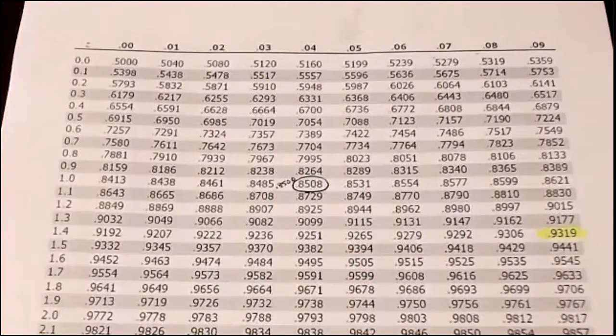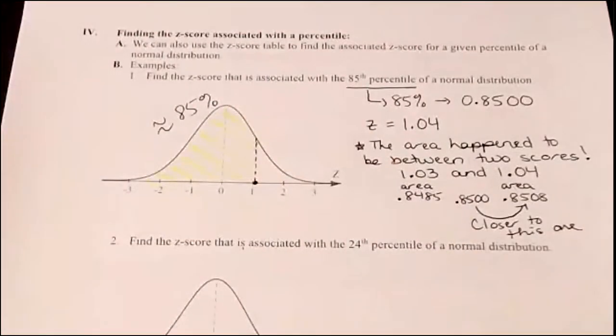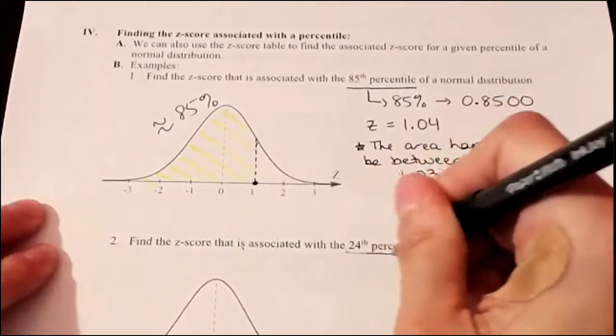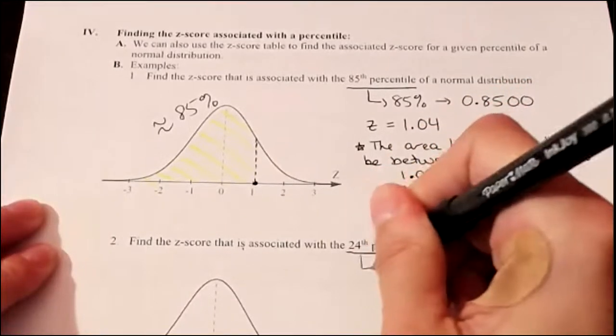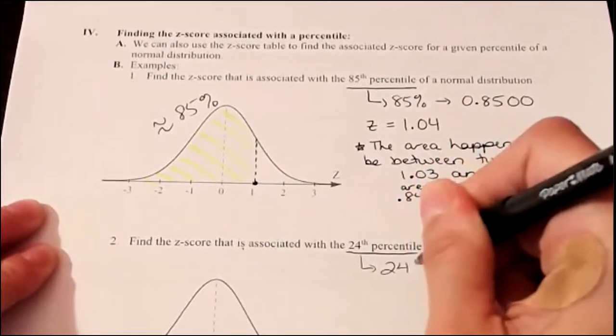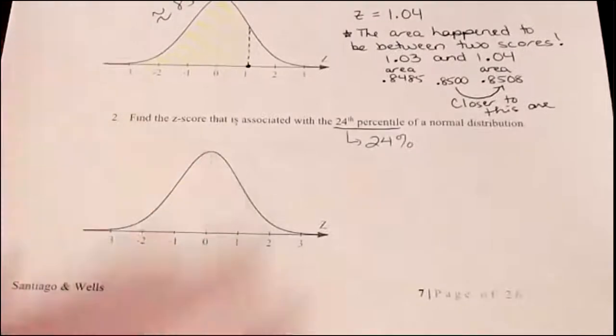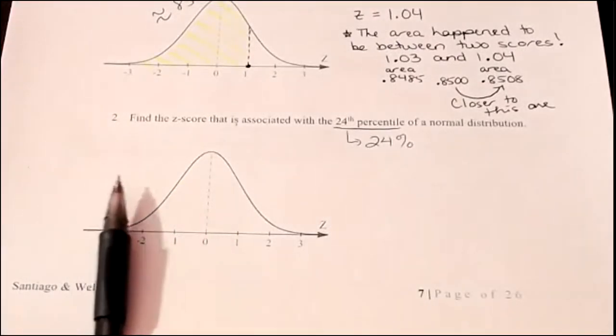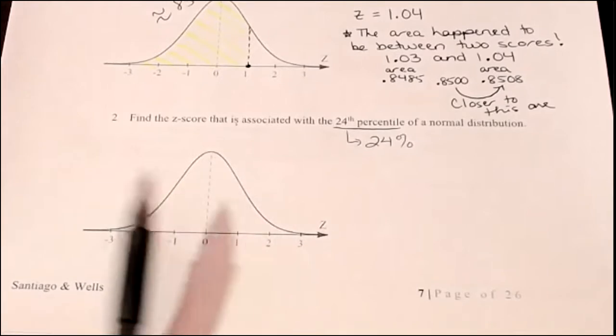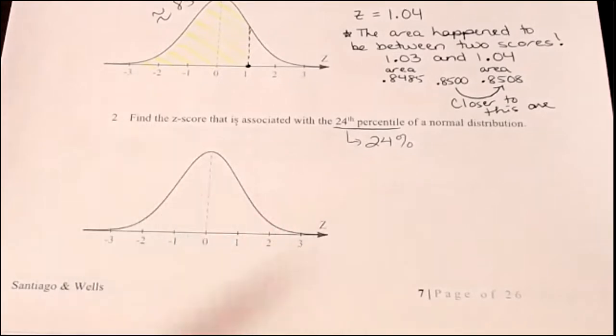So let's do that again. We're going to find the z-score that is associated with the 24th percentile of a normal distribution. Let's go through the same process. The 24th percentile refers to 24%, right? We're outperforming 24% of the population. One thing to keep in mind is that if we were to shade all the way to the middle, that would represent 50% of the data.